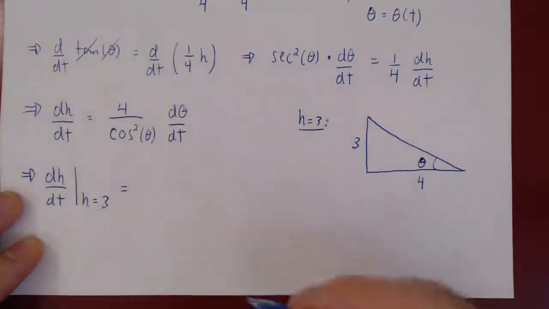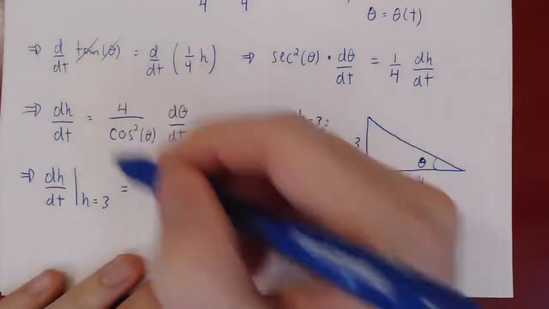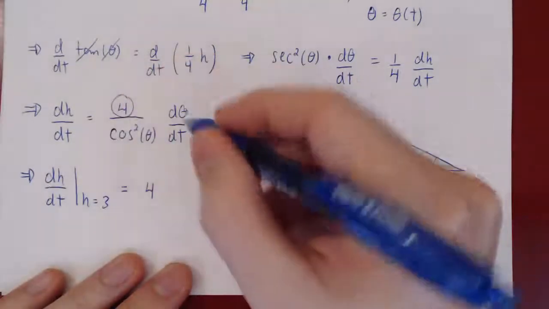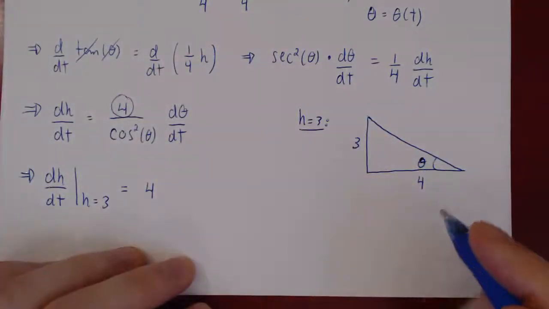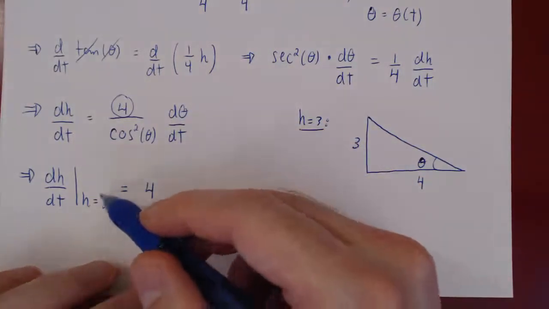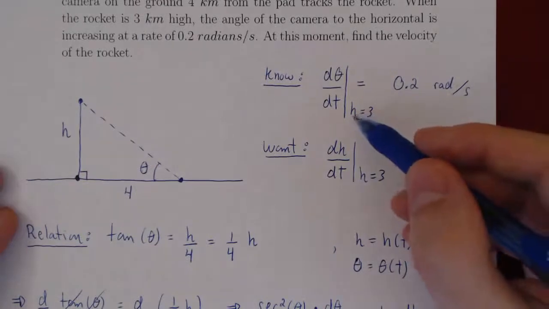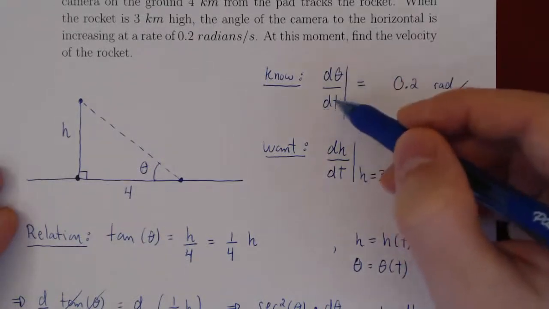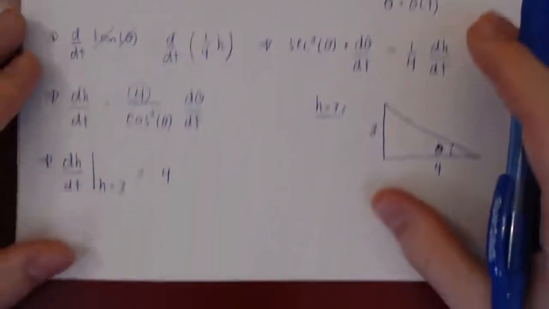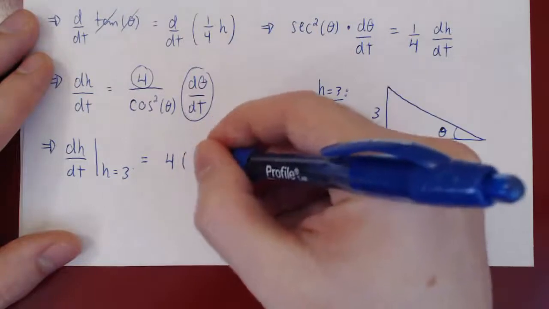And that's equal to, well, let's see. 4 is 4, so we'll have just 4 no matter what, times d theta over dt when the height is 3. But this we know, right? When h equals 3, d theta over dt is 0.2. So times 0.2.